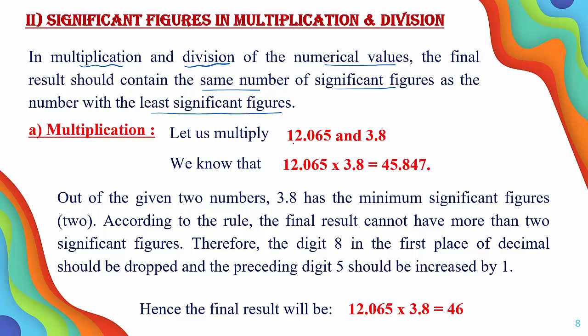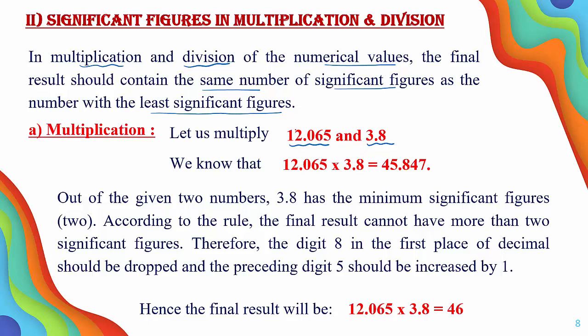Let us multiply the numbers 12.065 and 3.8. Before multiplying, first observe how many significant figures are there in the given numbers.